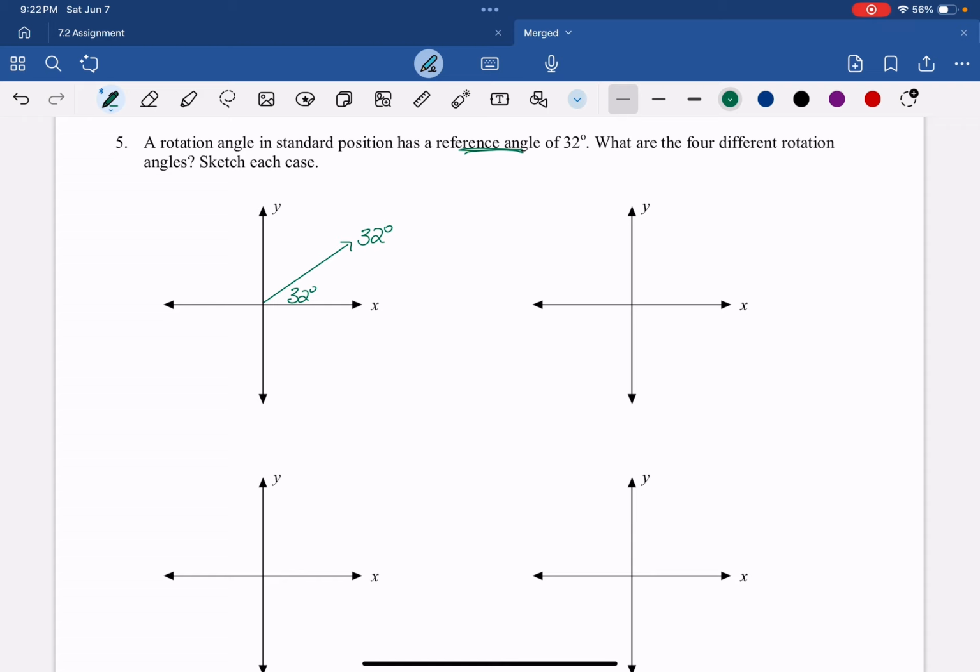I could also be in quadrant 2 and have that reference angle of 32 degrees. But then my angle of rotation, to figure that out, I will go 180 minus 32, which will give me 148 degrees as my angle of rotation.